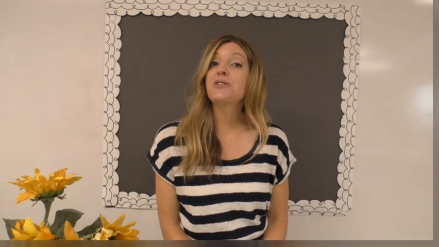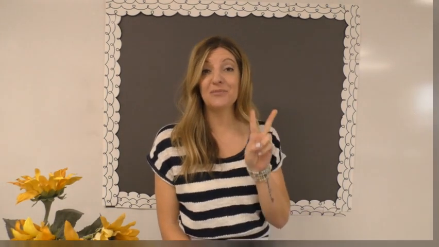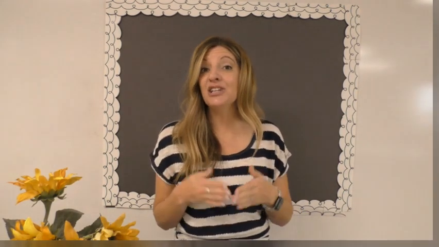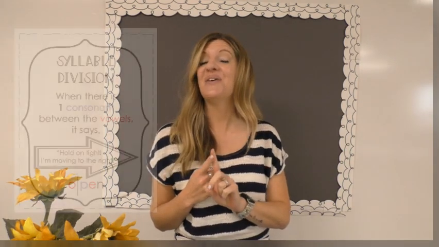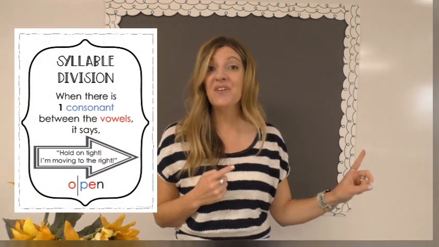We've learned a lot. Today we're going to talk about an exception to our 2 main syllable division rules. So all year long we've been talking about finding our vowels and looking in between our vowels to notice the consonants. And when we have one consonant between the vowels, it says, hold on tight, I'm moving to the right.